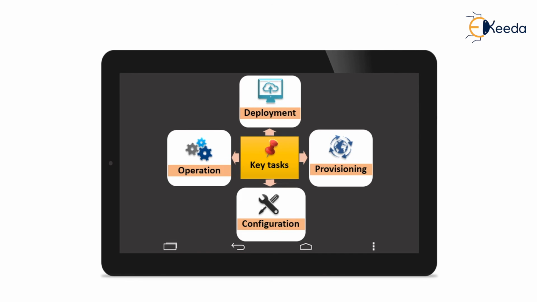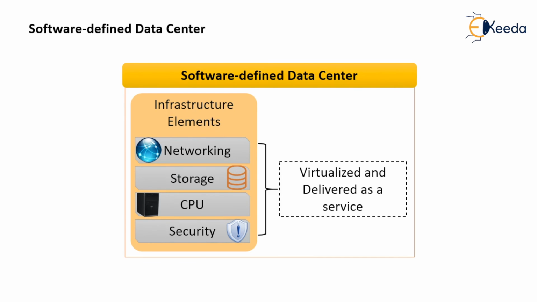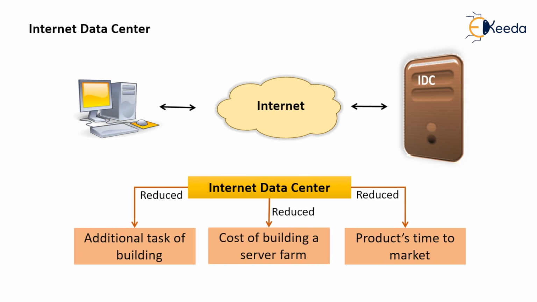Centrally manage the provisioning of server capacity. With this, consolidate server resources, thus reducing the number of servers and racks which are part of the data center. So these are the types of virtualization which are part of the software defined data center.